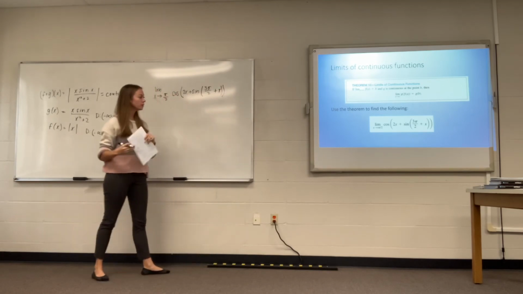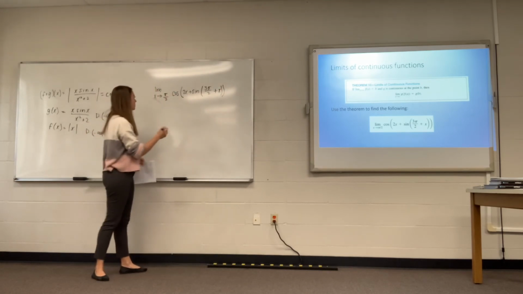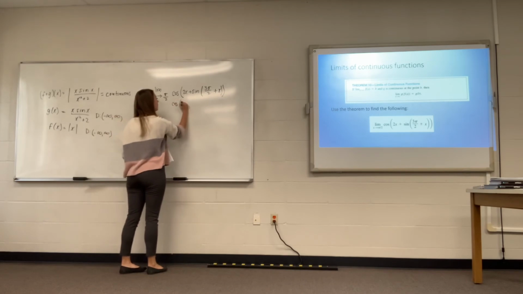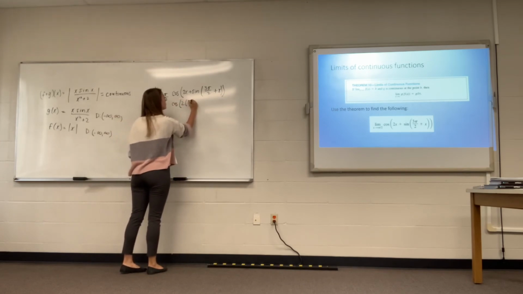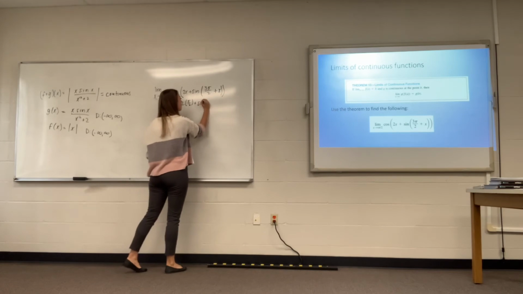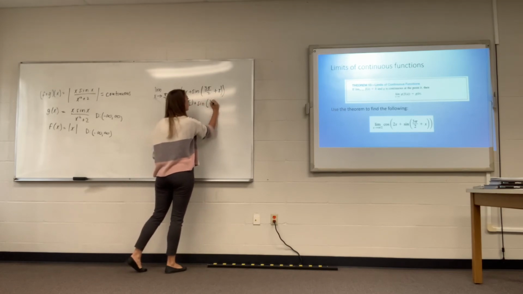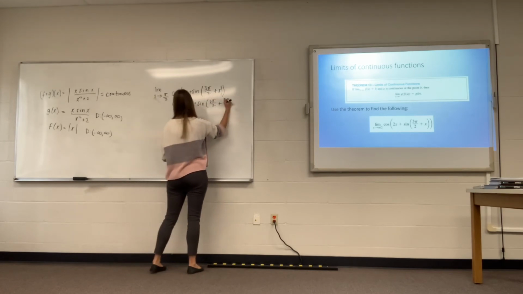Okay, so all I'm going to do is plug my pi over 2 in. So I'd have cosine of 2 times pi over 2 plus sine of 3 pi over 2 plus pi over 2.